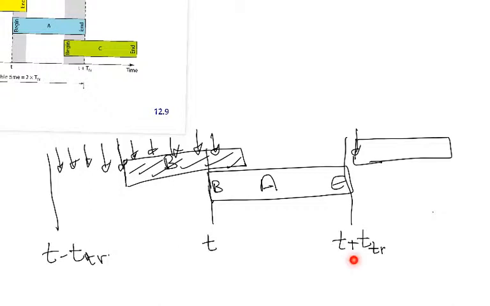So if a node transmits after this time, then the collision will not happen, which means that all this time is a vulnerable time, which means that if any node transmits within this range, the collision will happen.